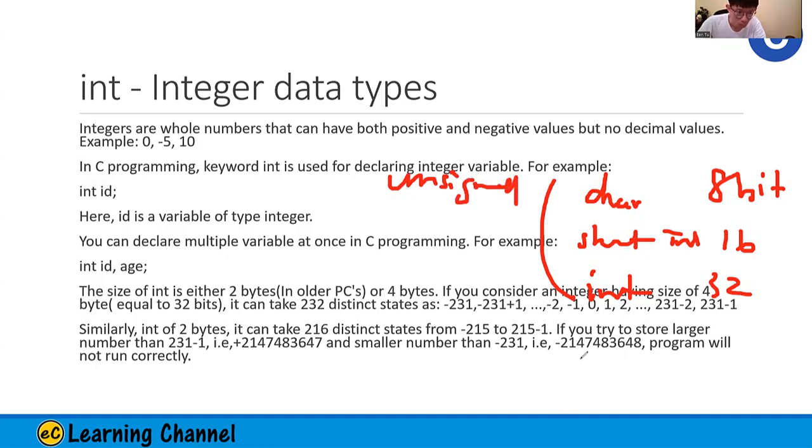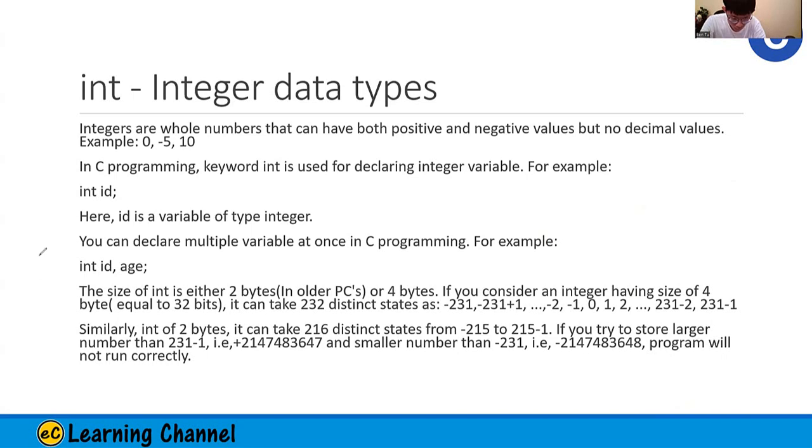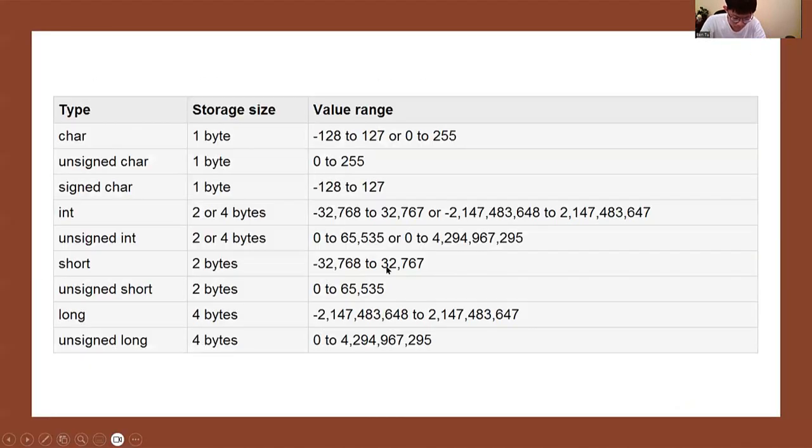And you also have the long integer, signed or unsigned. Signed or unsigned determines whether your data is positive only or with negative. With negative, you use two's complement format. So that we talked about already. And the range, okay.